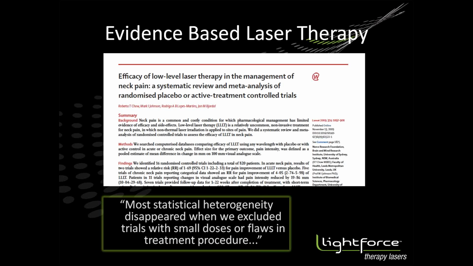The other interesting thing is the finding in the box at the bottom: most statistical heterogeneity, or the variability between the studies, disappeared when they excluded trials with small doses or flaws in the treatment procedure, which is interesting. I think you would understand that in an evolving technology. We'll have some discussion a little later on what we think the reasons for that are. But next slide.